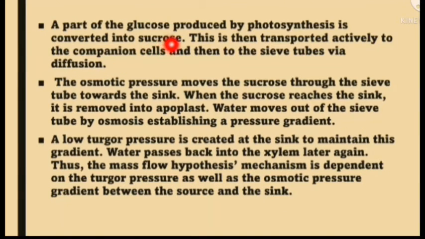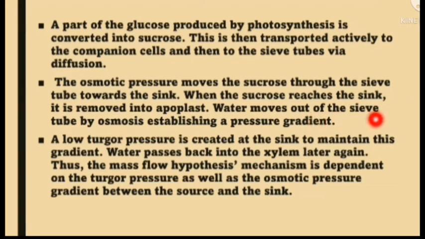A part of the glucose produced by photosynthesis is converted into sucrose. This is then transported actively to the companion cells and then to the sieve tubes via diffusion. The osmotic pressure moves the sucrose through the sieve tubes toward the sink. When the sucrose reaches the sink, it is removed into apoplast.